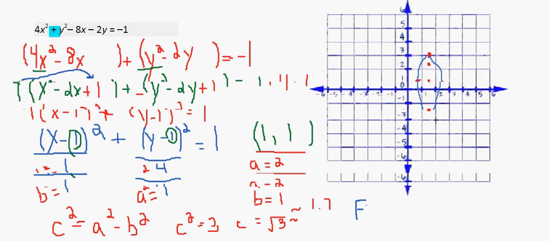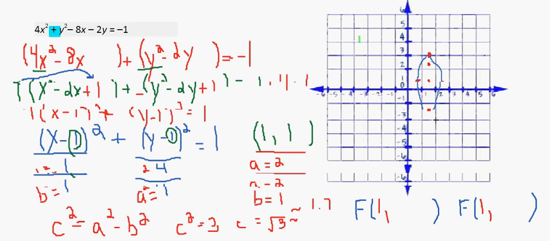So I'm just going to give myself a couple of parentheses for my foci. Notice both of the foci have an x coordinate of 1 because they're in line with that center. They just have different y coordinates.